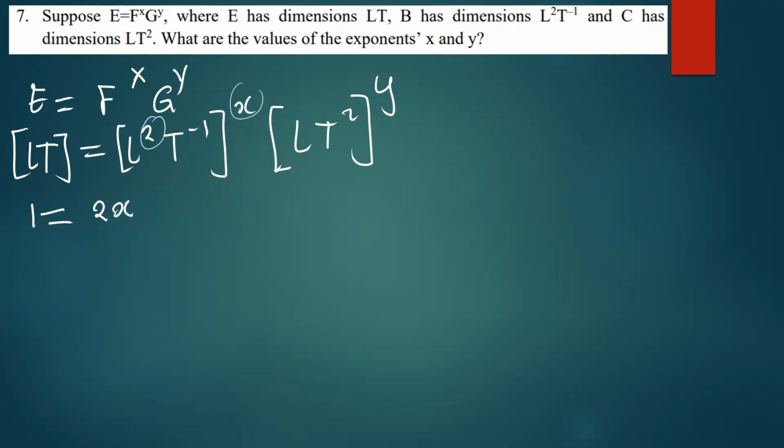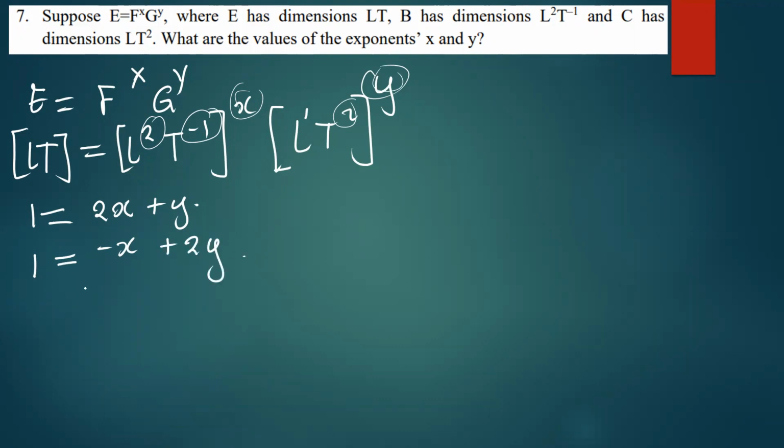Then in this one, we have 1 times y, which is positive y. The powers for t, this side, we have 1. And here we have -1 and x, which is -x. And then we have 2 and y, which is 2y.